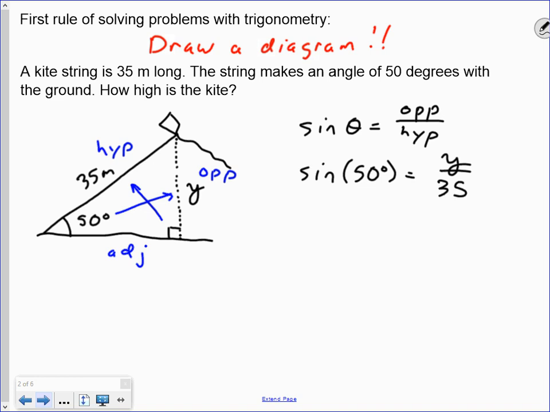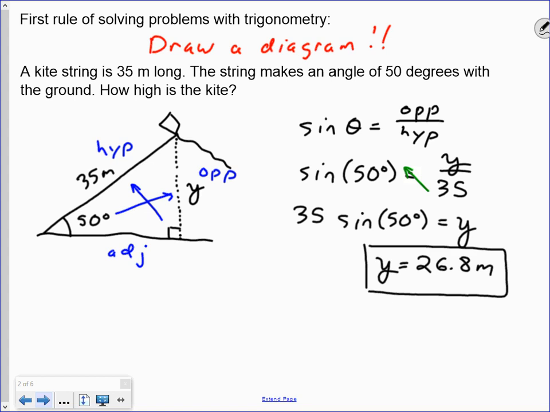We know how to solve these by now. We multiply across to get 35 times sine 50 degrees is equal to y. Working this out, y is going to be 26.8 meters.